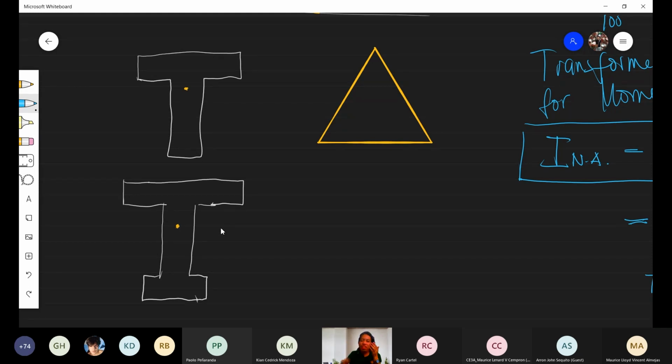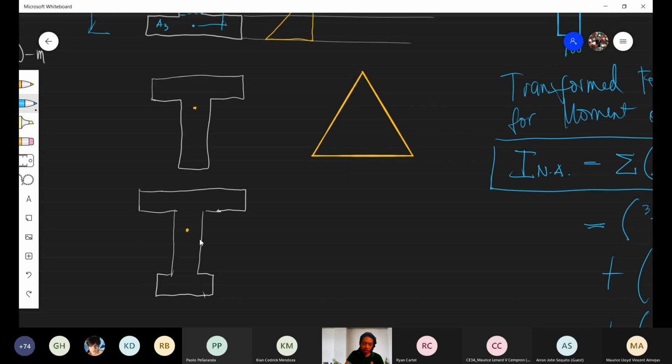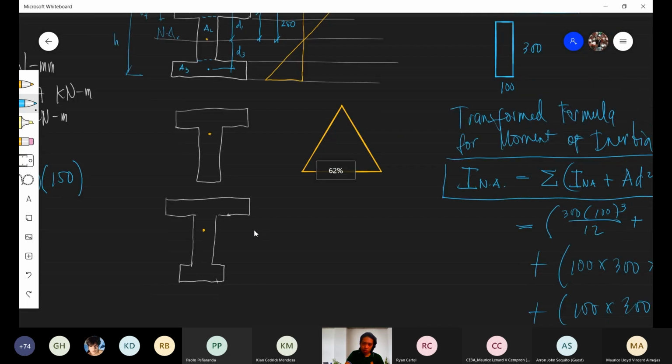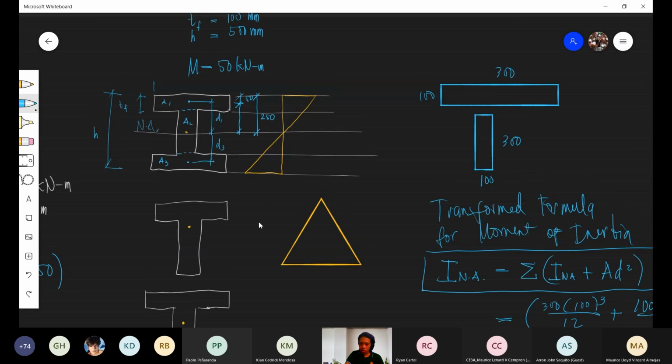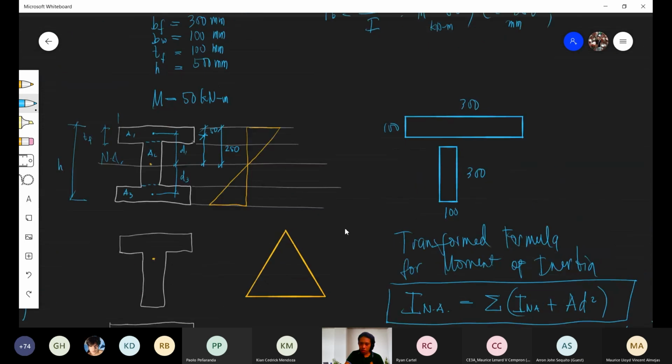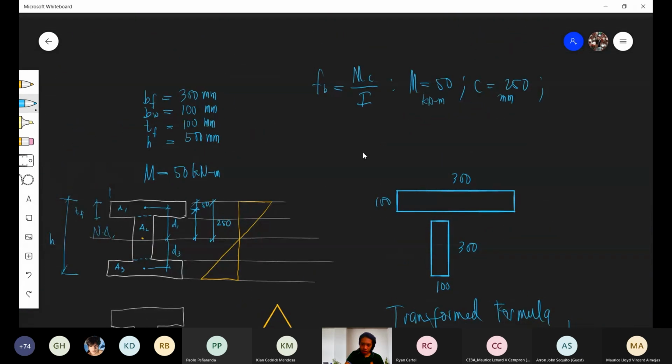If you can't recall, review how to locate the centroid. What you use for locating the centroid is Varignon's theorem.